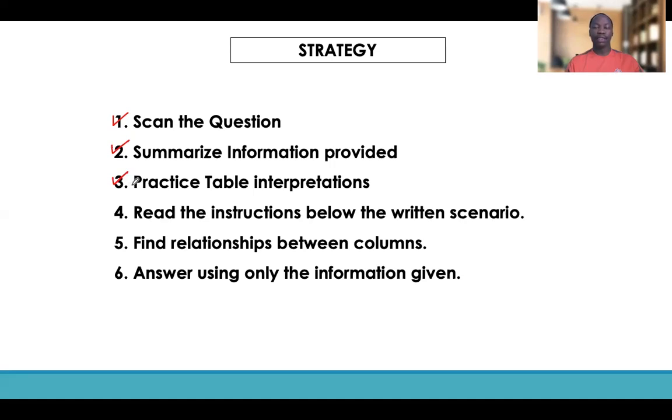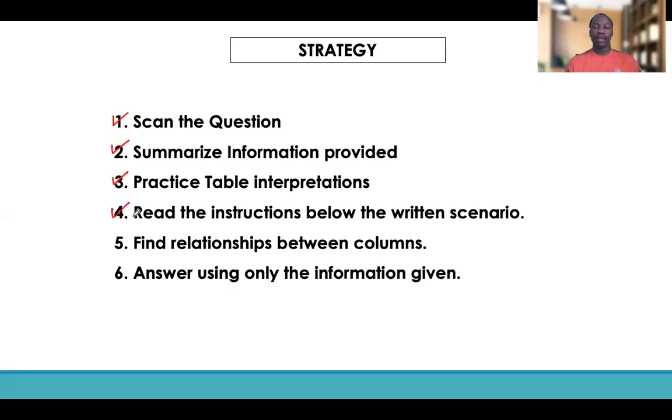For example, in two-part analysis, we're given a table that contains 3 columns in which you're supposed to choose correct answer choices from that column. So scan through that table to understand what type of numerical data has been provided, or what type of information words are written there that could help you understand what the examiner is trying to test you on. Then read the instructions below the written scenario.